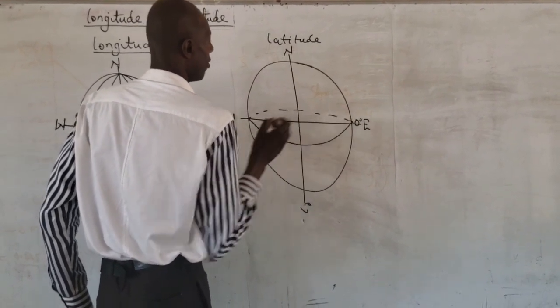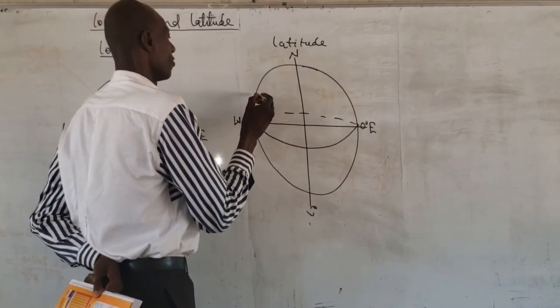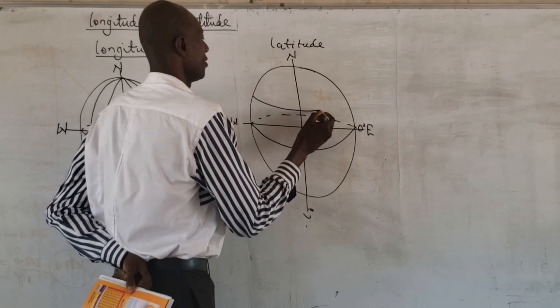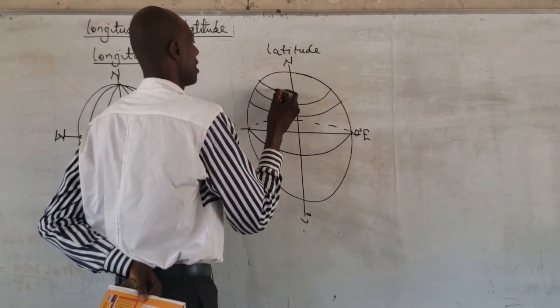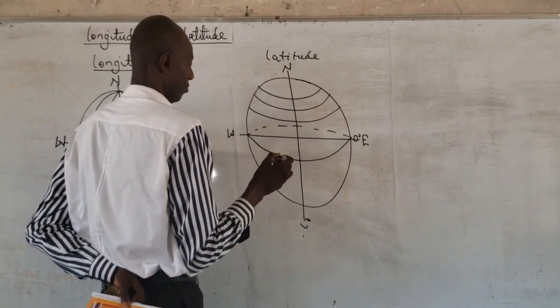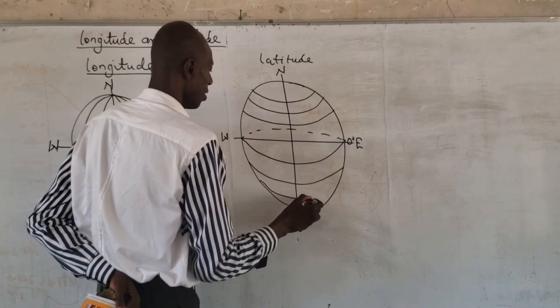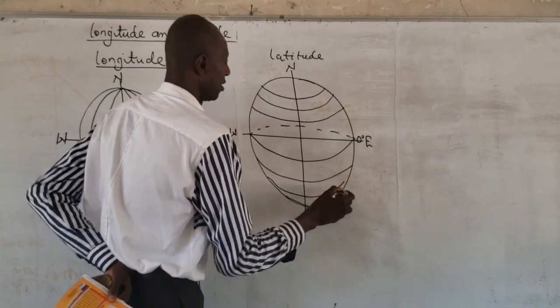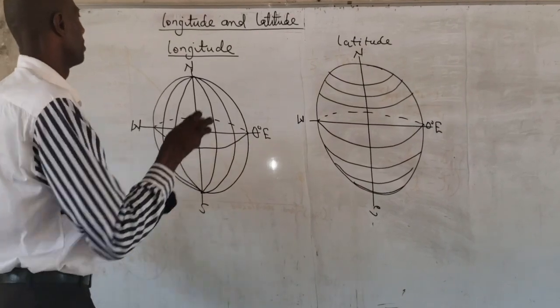So lines of latitude run from the east. This is to the north, to the east. All these are lines of latitude. While this is to the south, all these are lines of latitude, and they are measured in degrees.